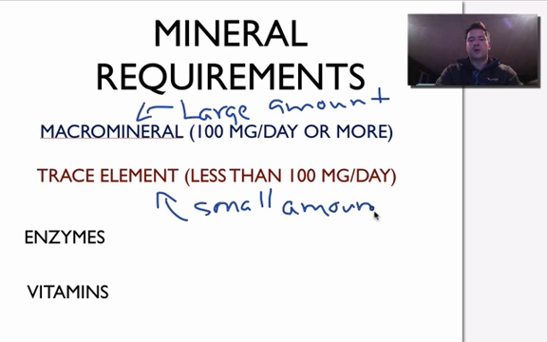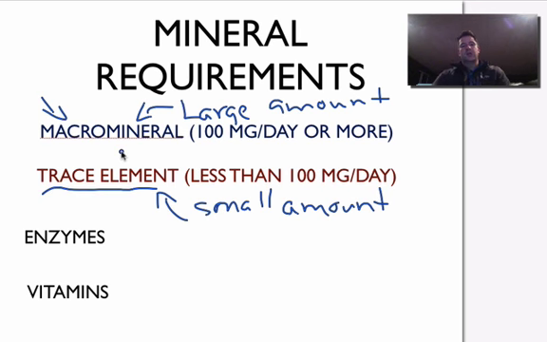So remember that oxygen, hydrogen, phosphorus, potassium, those were all macro. And then these trace elements, we need less than 100 milligrams a day, or these plants also. And macro minerals are 100 milligrams a day or more. So this is the small amount, these trace elements, and then the macro minerals are the large amount.